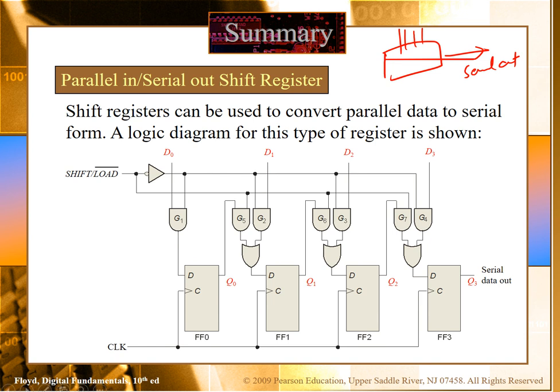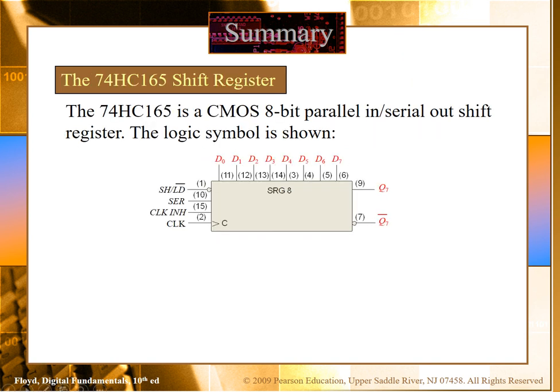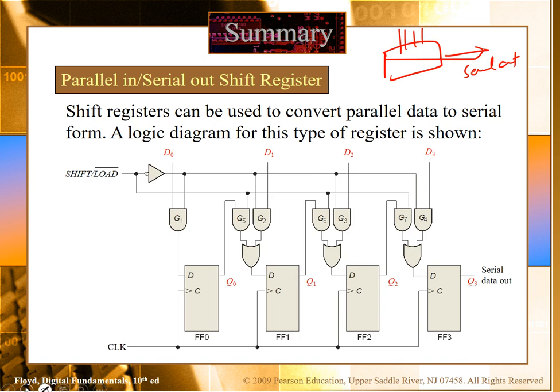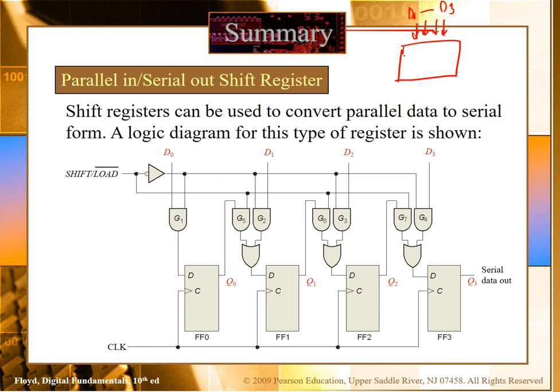If I draw this more clearly, this is an IC in which we have the parallel inputs, let's say 4 bits from D0 to D3, and we have 2 signals which we call shift and load. We have a clock, and we have 1 serial out.